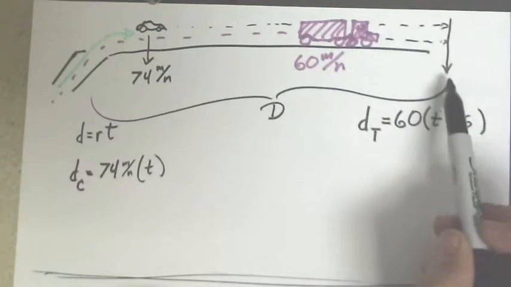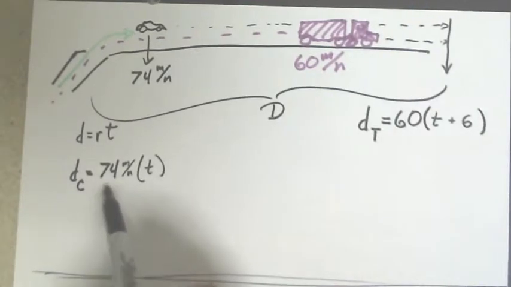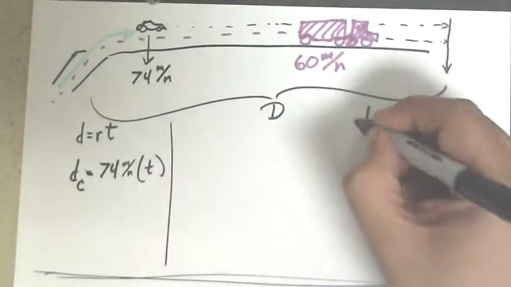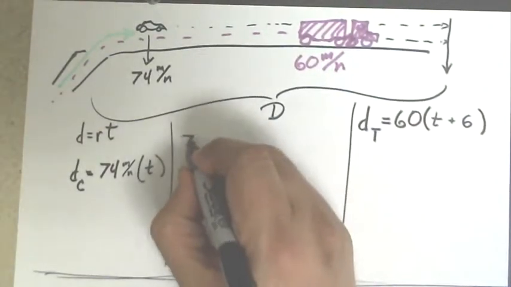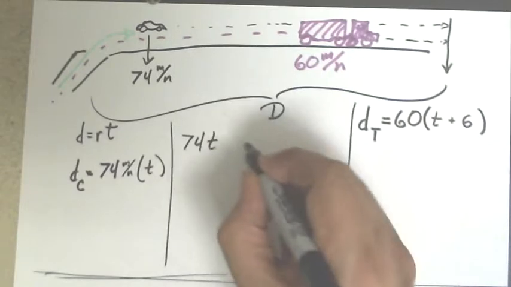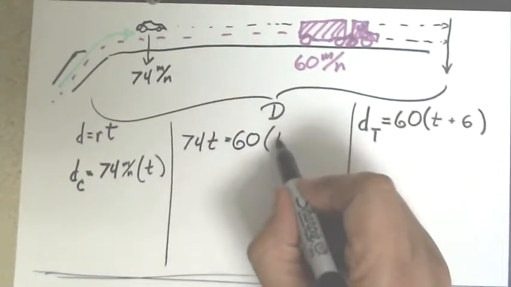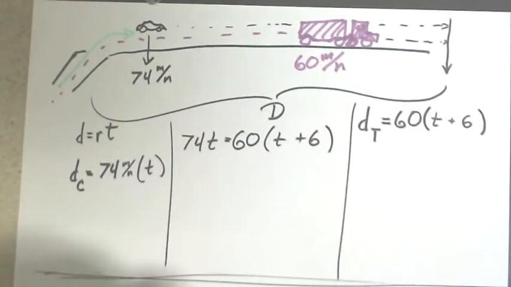So we want to know when these distances are the same, so we want to know when this is equal to this. Now, unfortunately, it would be nice for us just to be able to go 74 times t equals 60 times t plus 6. That would be great.